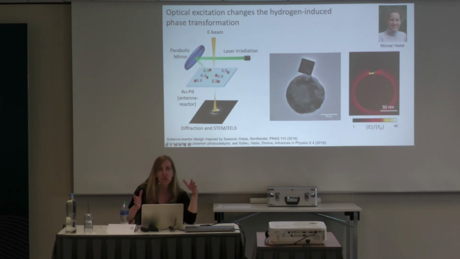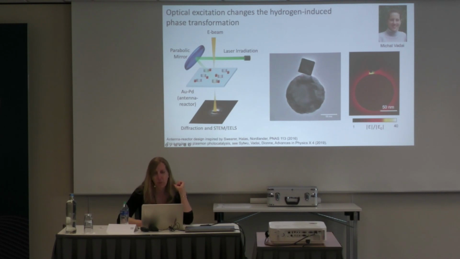So we looked at a bunch of these antenna reactor systems, and here's one simulation of the gold disk next to the palladium nanocube with about a 3 or 4 nanometer separation between them. Here you can see there's a strong electromagnetic hotspot in the gap between the palladium and the gold.